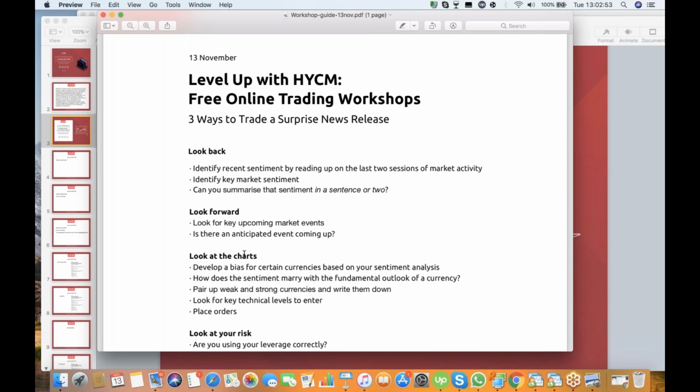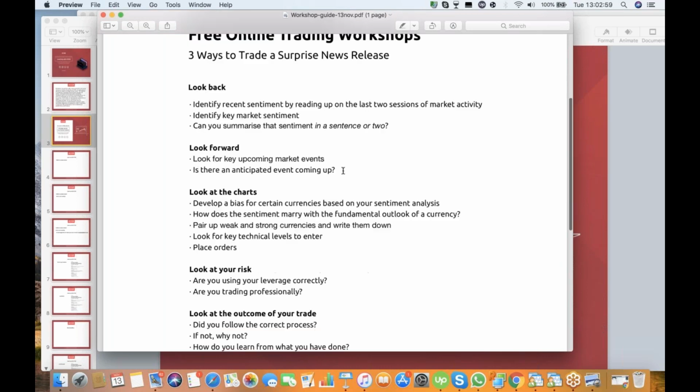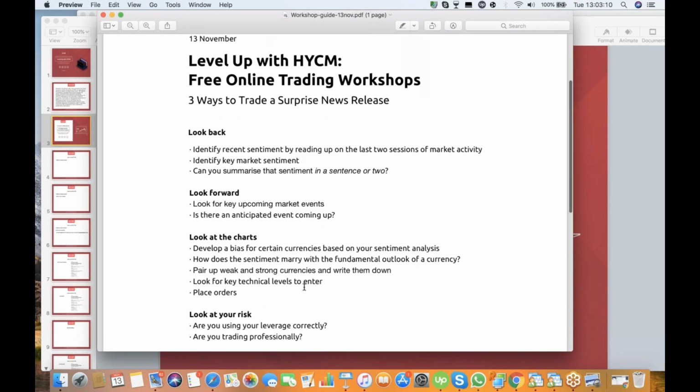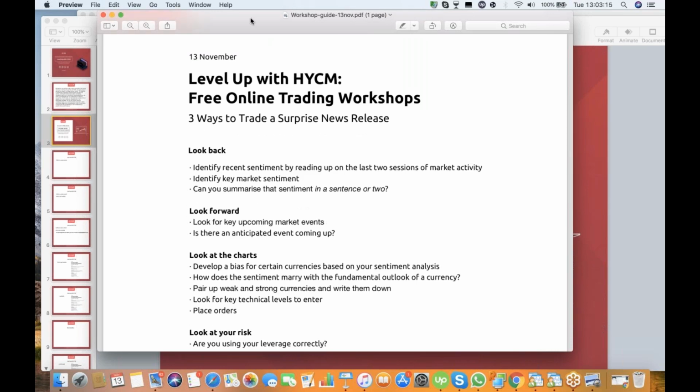It's the same kind of principles. I'm taking these 5 topics: looking back, looking forward, looking at the charts, looking at your risk, looking at the outcome of your trade, designed as a template for you to use. I hope that's clear. Make sure you've got the workshop guide nice and open. We will be referring to it during the session.